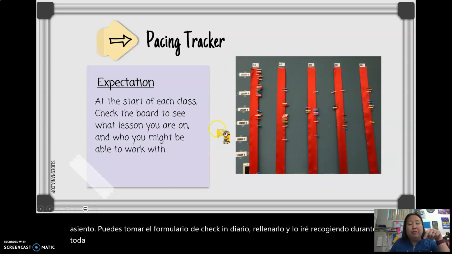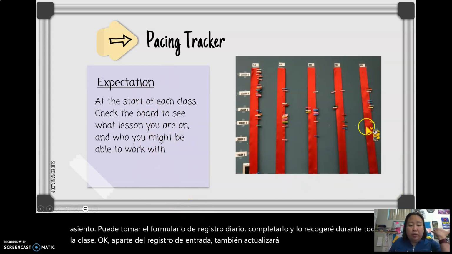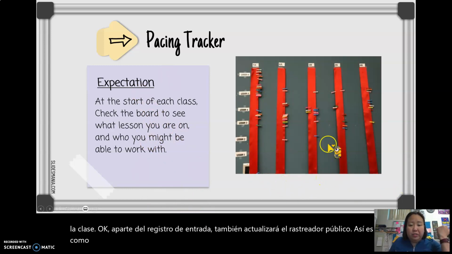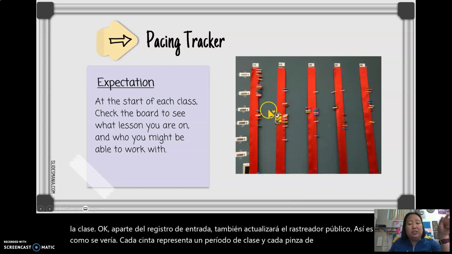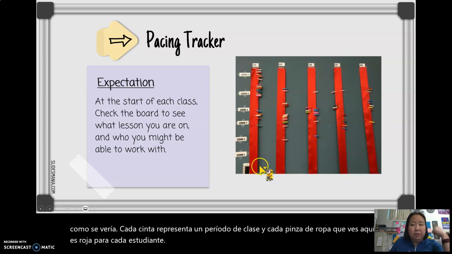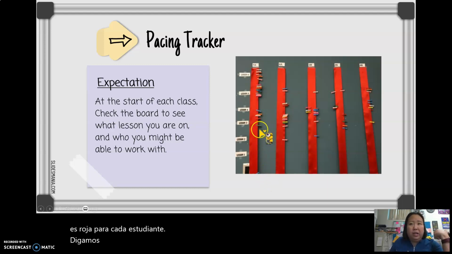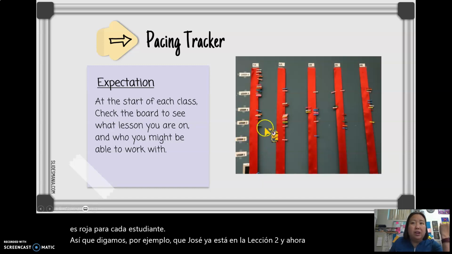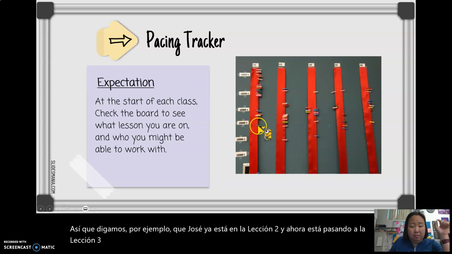Aside from the check-in, you will be updating also the public tracker. This is how it would look like. Each ribbon represents a class period, and each clothespin that you see here is for each student. Let's say, for example, Jose is already in lesson 2 and now he's moving on to lesson 3. Then he can put his clip together with lesson 3.